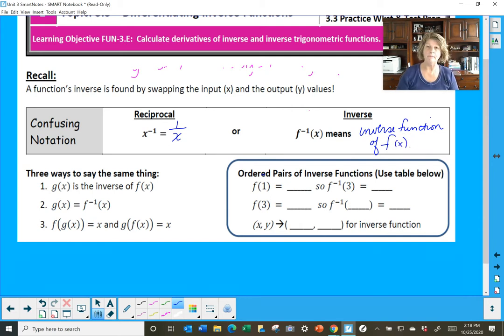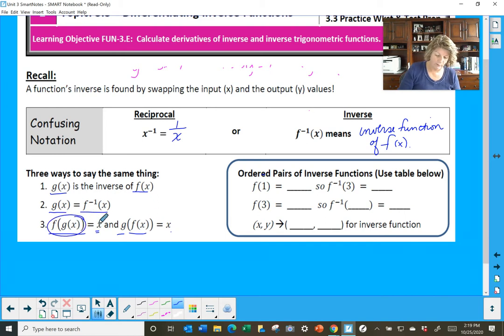Let's write that. All right, 3 ways to say the same thing. We could say that g of x is the inverse of f of x. That would mean that g of x is equal to f negative 1 of x. And I also could write f of g of x is equal to x, as well as g of f of x is equal to x.